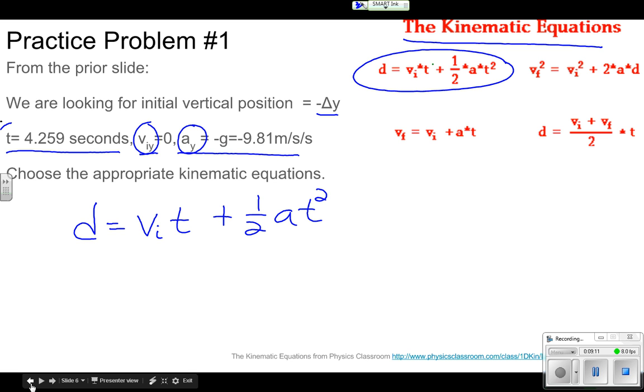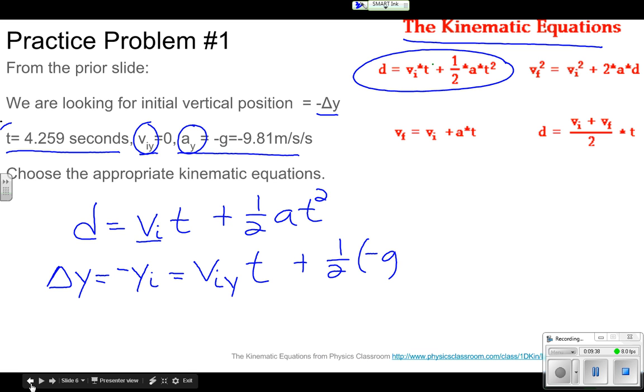So again, I don't have those same variables. I've called my variable something else, so I need to substitute in my variables. So instead of D, I'm calling it change in y. And we said before my change in y is equal to my negative yi. My initial velocity is my initial velocity in the y direction times time plus 1/2 negative g, that's my acceleration in the y direction, times t squared.